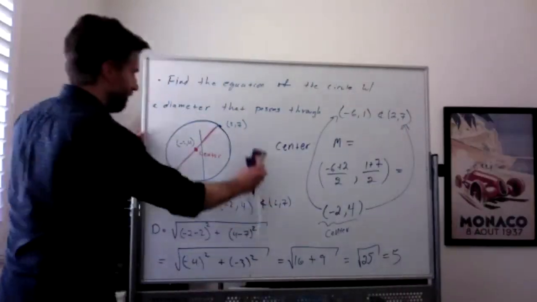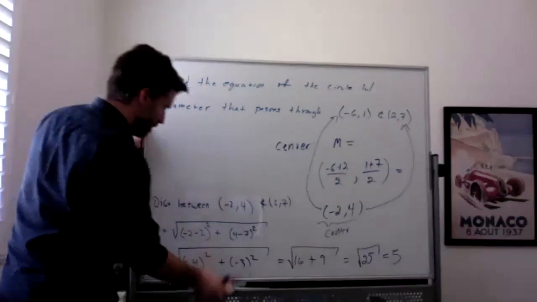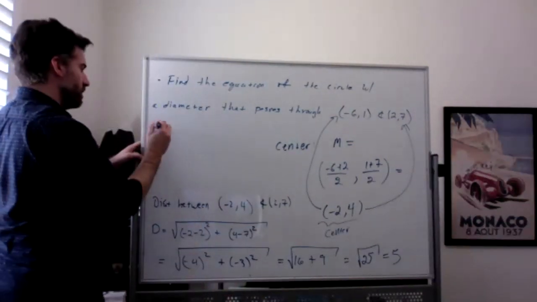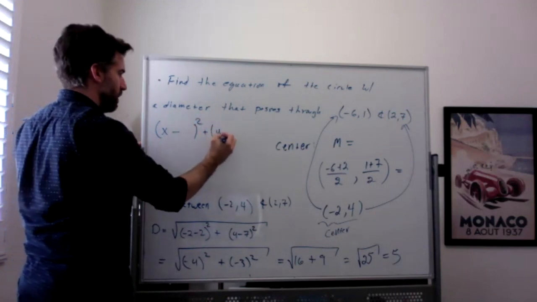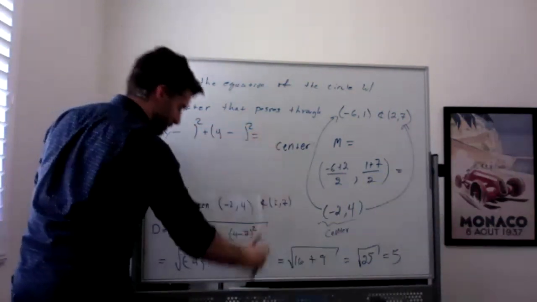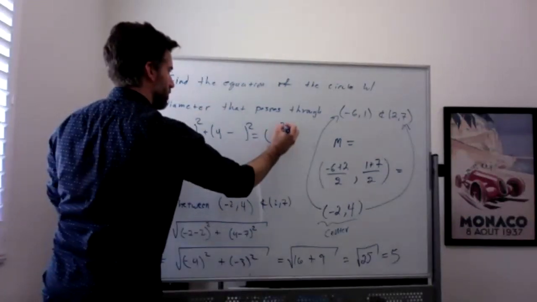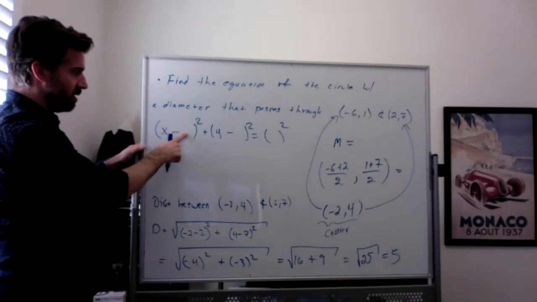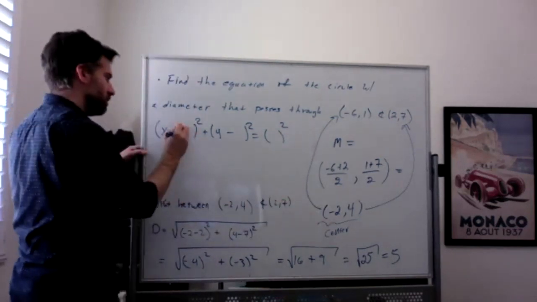So I'm going to erase my graph that I don't actually need. So my equation is going to be x minus something squared plus y minus something squared equal to something squared. And the thing that goes here is the x coordinate of the center, which is -2.